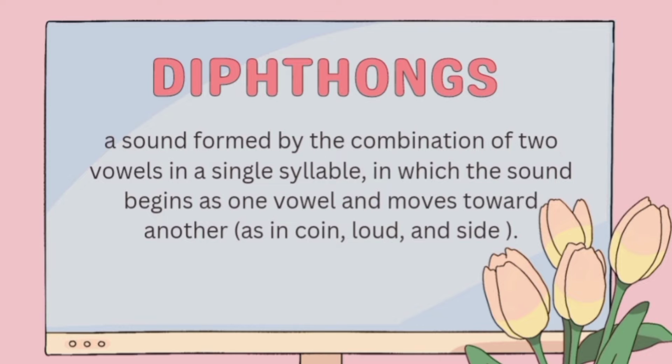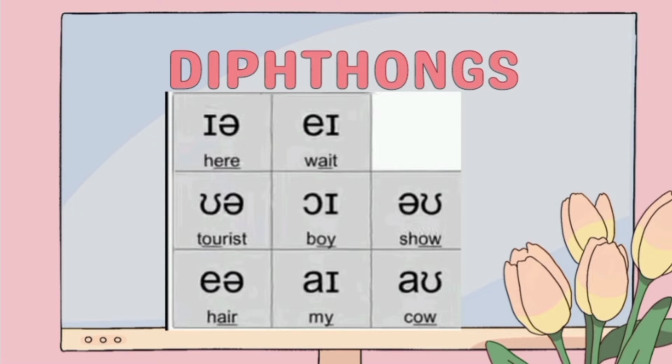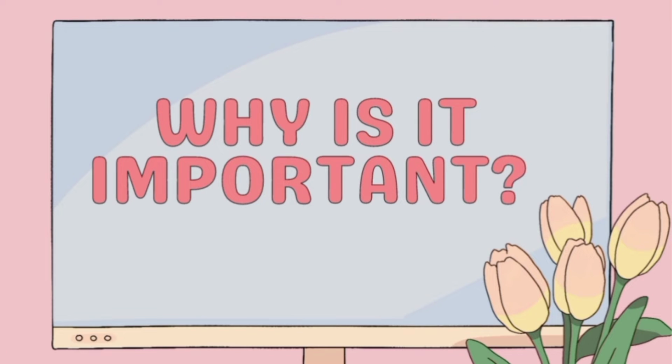They are monophthongs that are joined together to make one sound or monosyllabic word. It is important for us to study Old English pronunciation because it helps us to pronounce words and speak more naturally, and also to track and know the history of how the English language evolved through time.